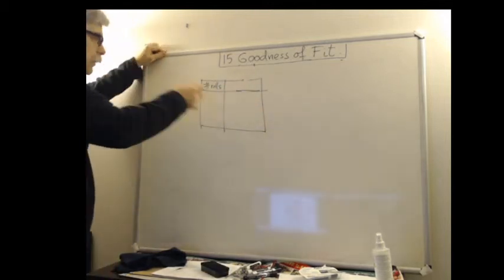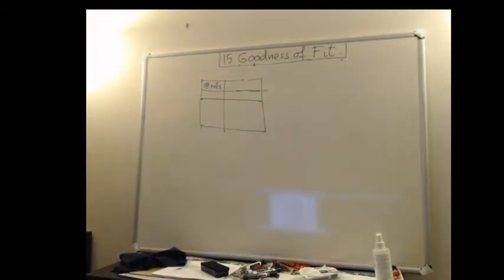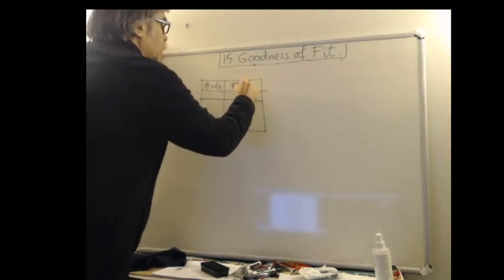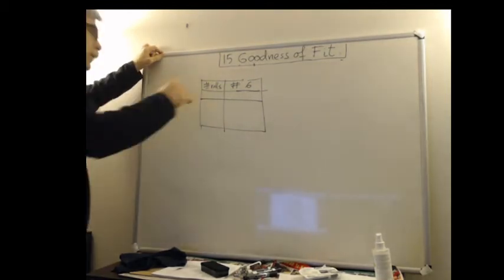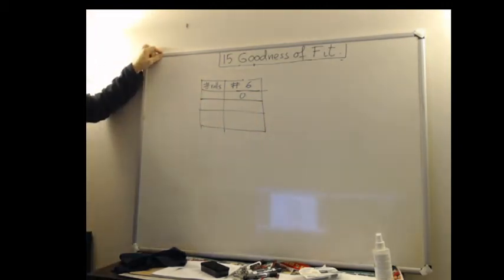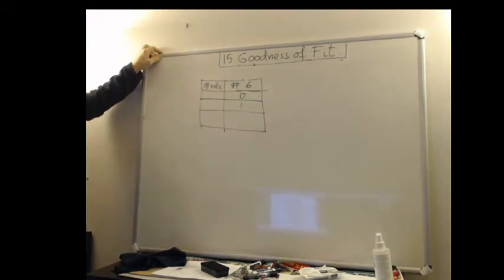Since there are two dice, it could be that you don't have any sixes, so you have no sixes. It could be that one of the dice is 6 and the other one is not. It could be that both dice are 6.